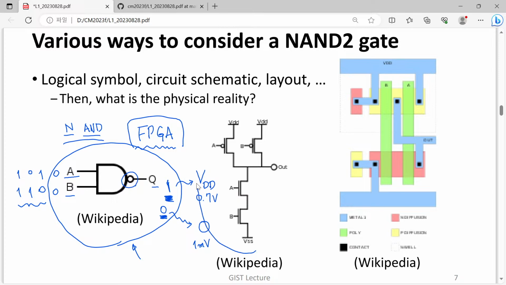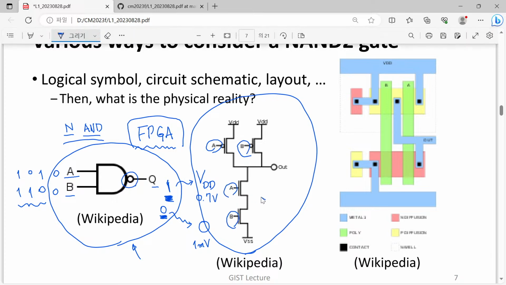This central figure shows one example, typically seen by electrical engineers. In this case, they wanted to make this kind of circuit schematic to realize the left figure's logical function. Here we have voltage A and voltage B, applied to different semiconductor devices.